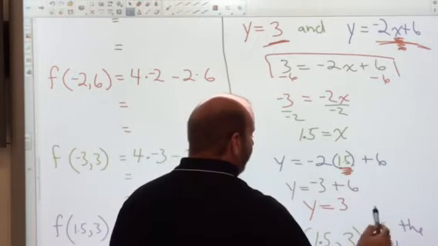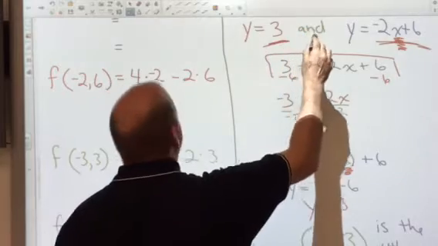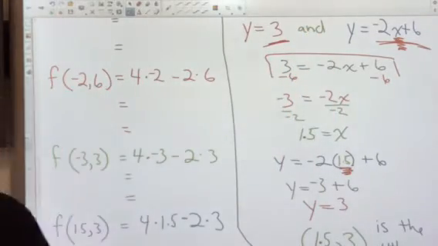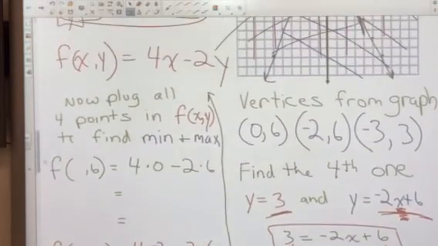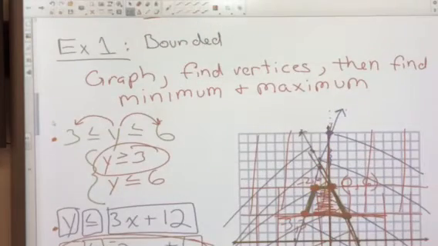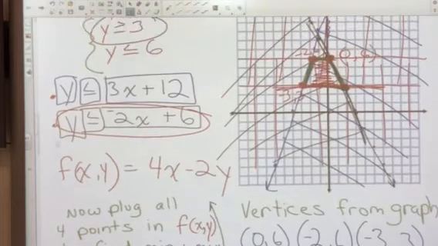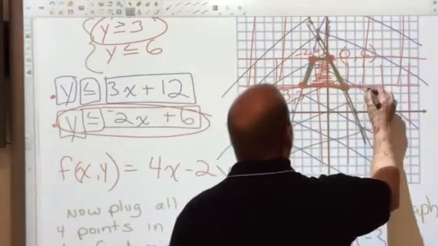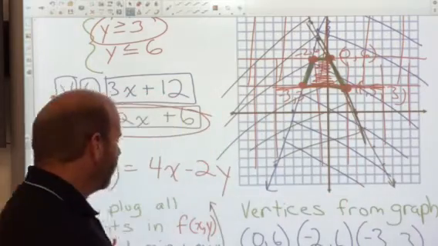So 1.5, 3 is the 4th point. Okay, so we had 3 points, and now we have a 4th point. So when the region is bounded, like it says in the top of example 1, you have 4 points of intersection. So 1.5, 3, get that in there in red. 1.5, 3 is this one.